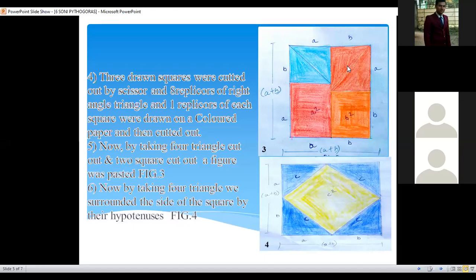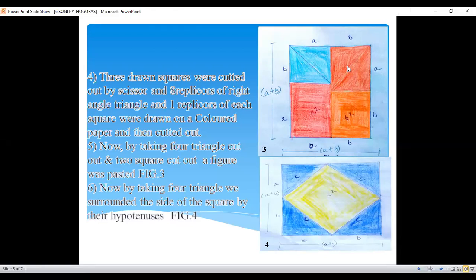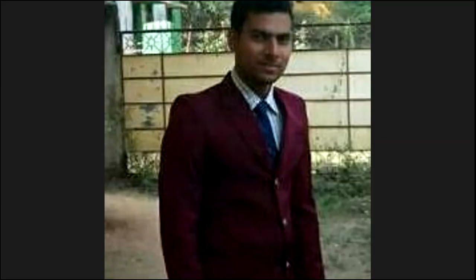It has many applications in different classes from 6 to 10. So we must know why base square plus height square equals hypotenuse square. To prove this, we need such processes. So thank you, Sony, for such an inspiring presentation.